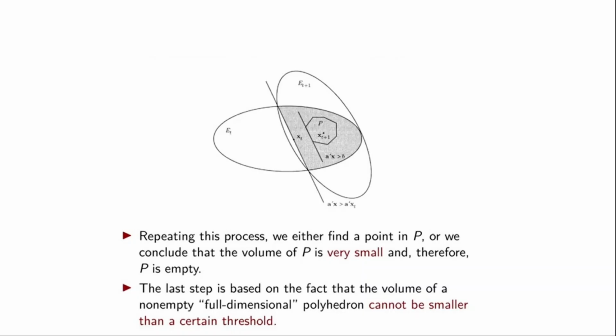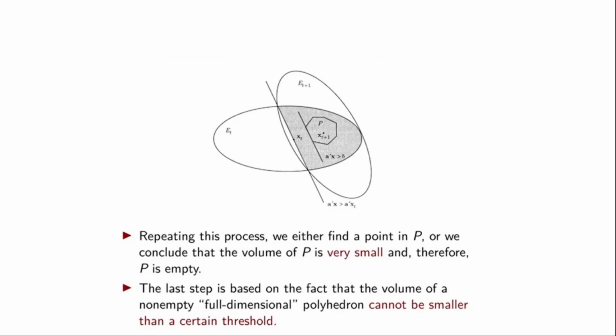So this process iteratively continues to occur. New ellipsoids are created at every step, but whenever the new ellipsoid is created, its volume is just a fraction of the volume of the previous ellipsoid. Another important thing to note is the polyhedron P is non-empty and full dimensional.